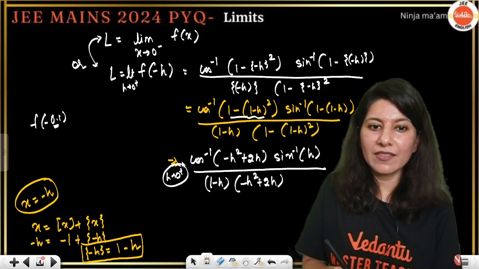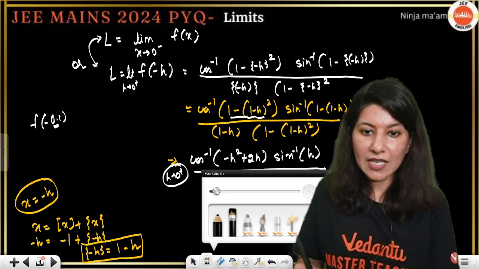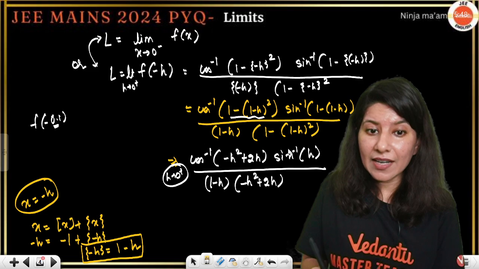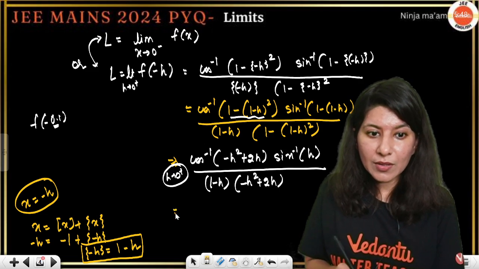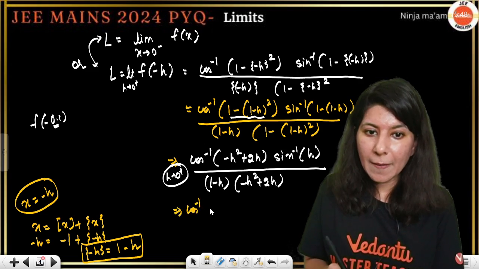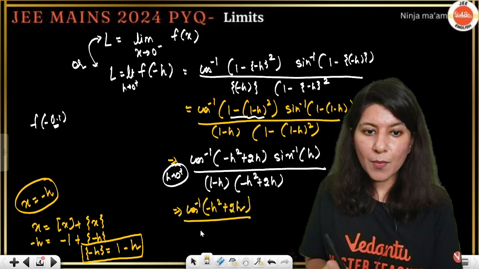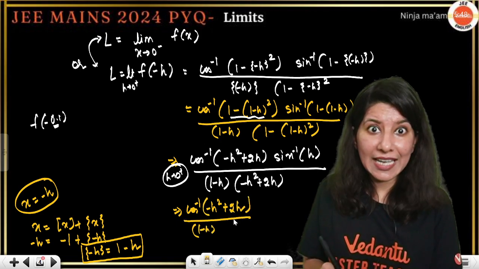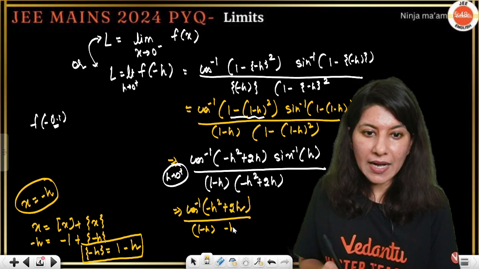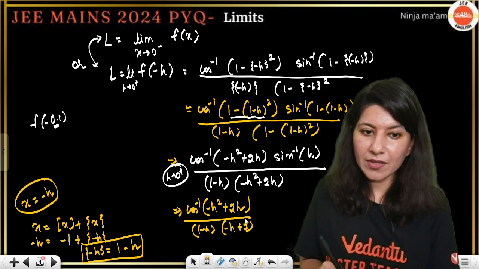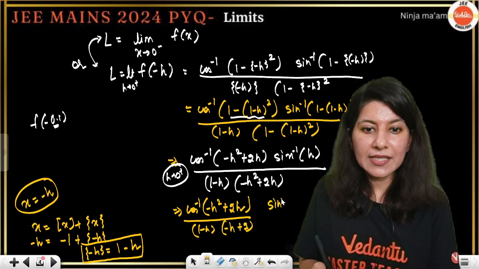Now start putting the values and understand what is happening. h tends to 0 plus. So now this is cos inverse of minus h square plus 2h upon 1 minus h, and if you take h common from here, minus h plus 2 will also be here. Sine inverse h by h.